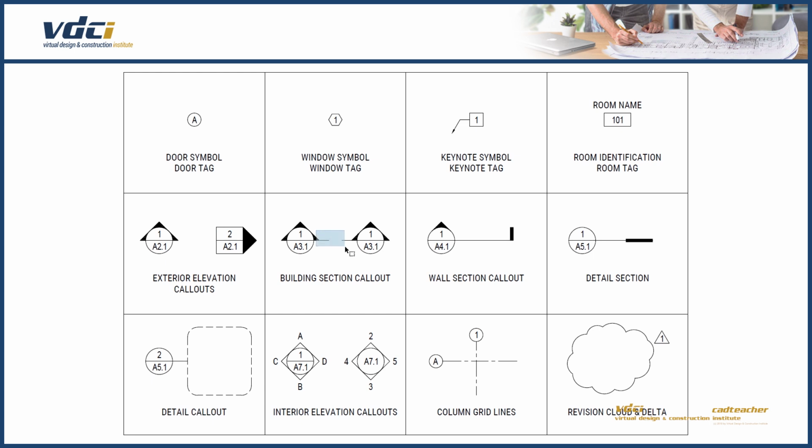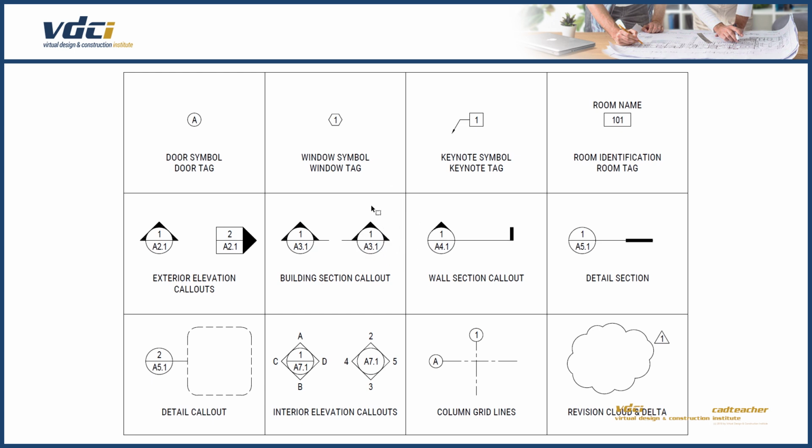This line could be broken so that it does not interfere with the drawing information inside of the building. And these symbols are saying, to see the building section that's cut through here, go look on page A3.1 at image 1, and you will see that building section.